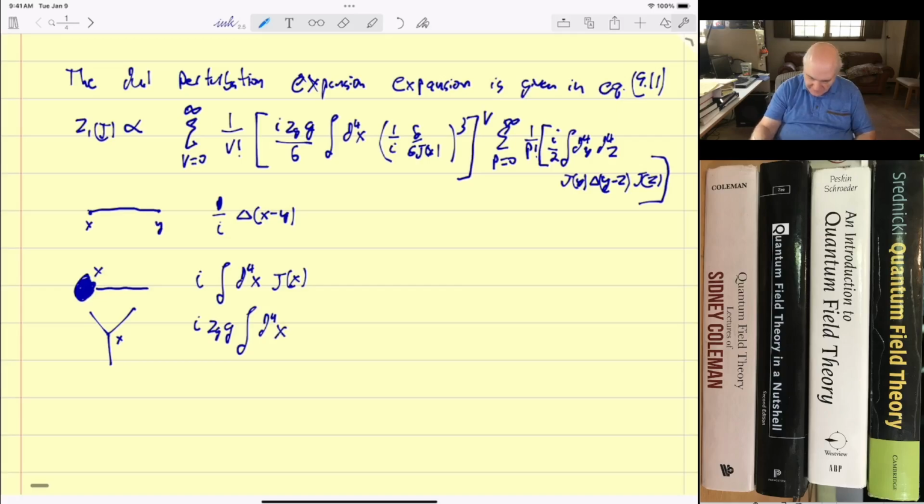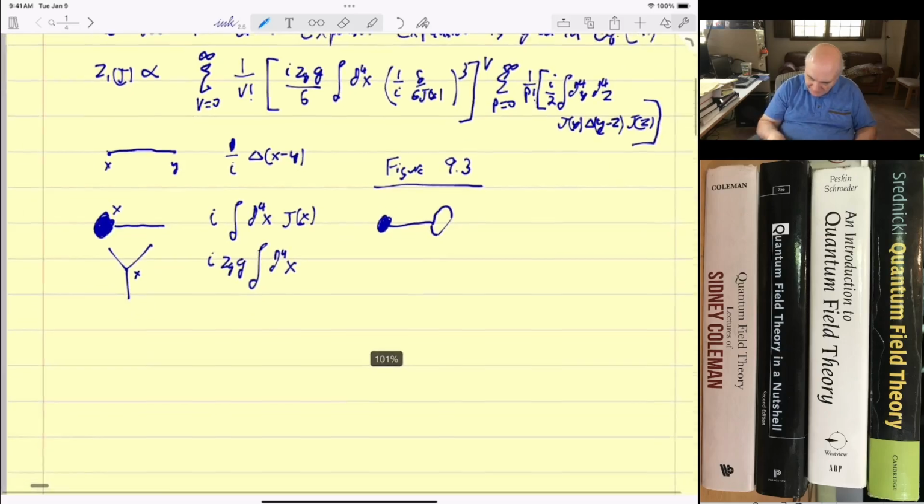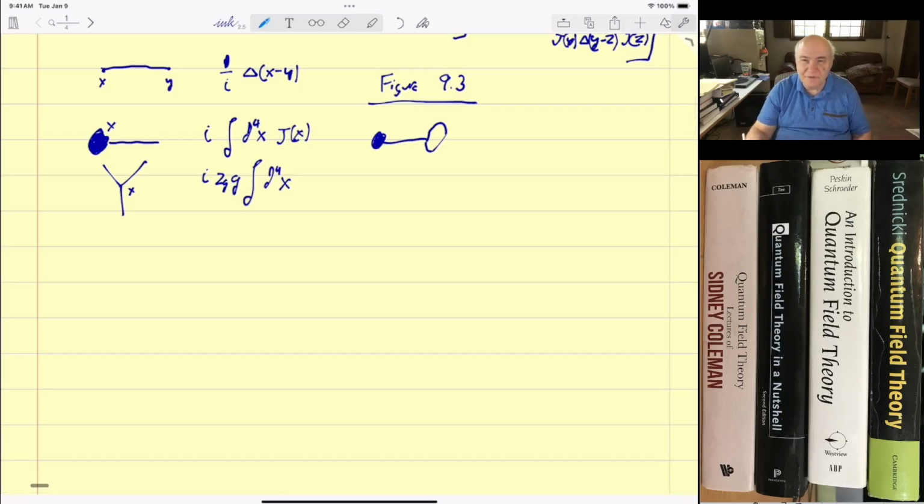So figure 9.3, the diagram, is a very simple diagram. Now, the reason why I'm working with a very simple diagram is that it would be a very, very complicated and long calculation if I were to try the other ones that he shows in the chapter, the ones where the symmetry factor is hard to reason out.